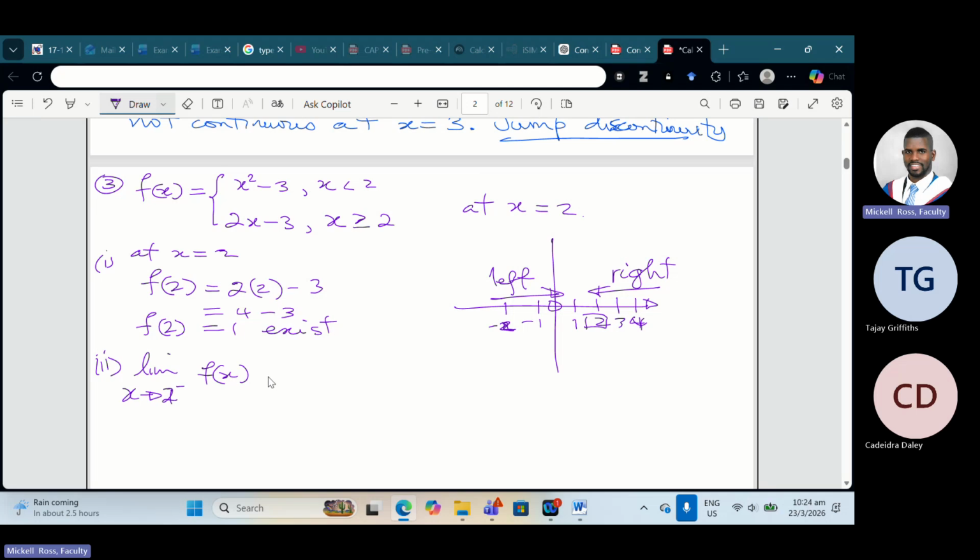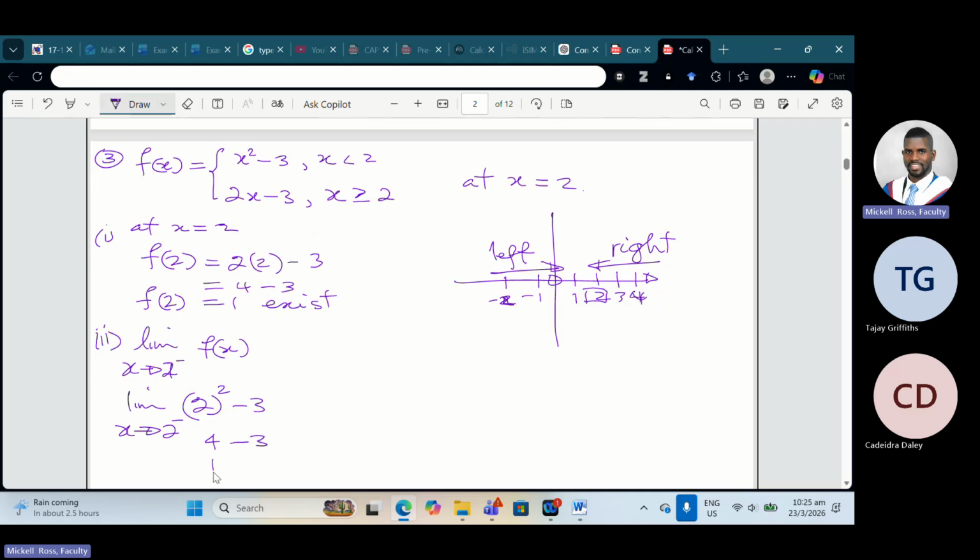So the limit as x approaches 2 from the left hand side is going to be 2 squared minus 3, which is 4 minus 3, which is equal to 1. Then you look at the limit as x approaches 2 from the right hand side of f of x.